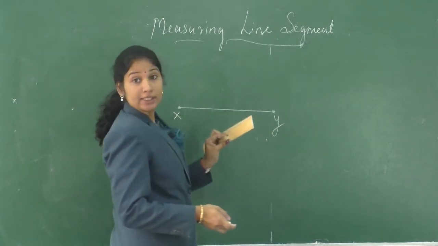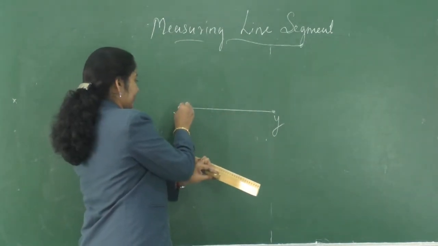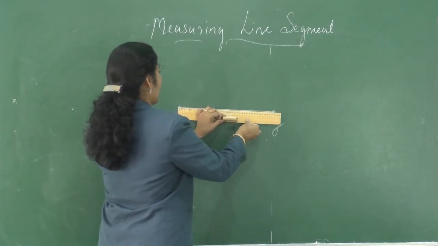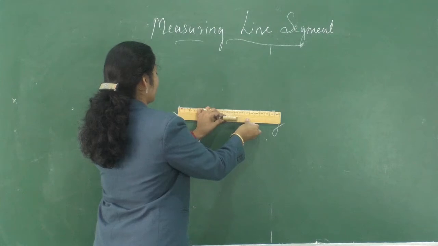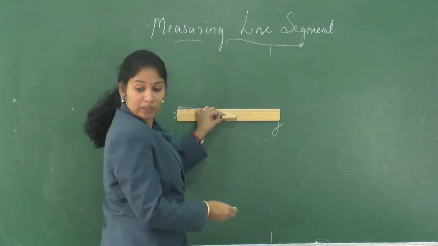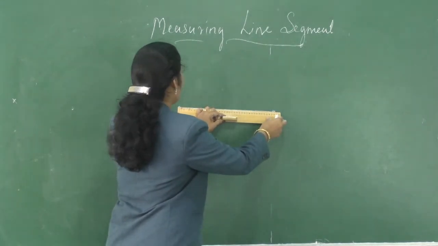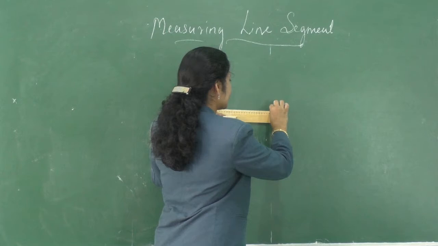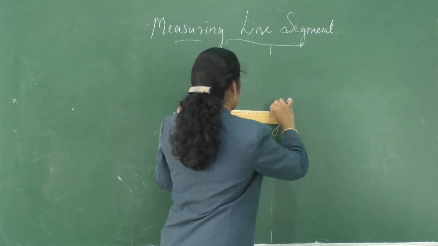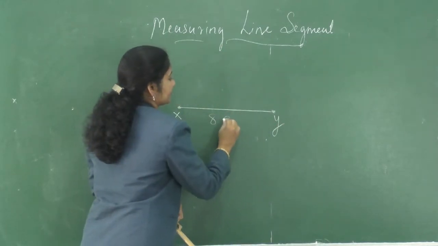Place the point 0 of the ruler at X. Now look at the other point. Here the other point ends. What is the other point? Yes. Here the length is 8 centimeters.